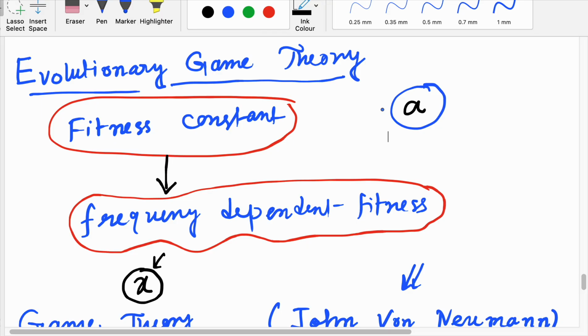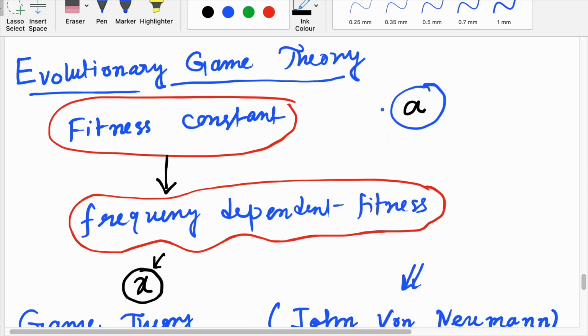Frequency dependent fitness will automatically come into the population when we look at the population level, because any individual is not reproducing by himself or herself; he is always interacting with some other individual and reproduces. So that will naturally bring game theory into the picture.